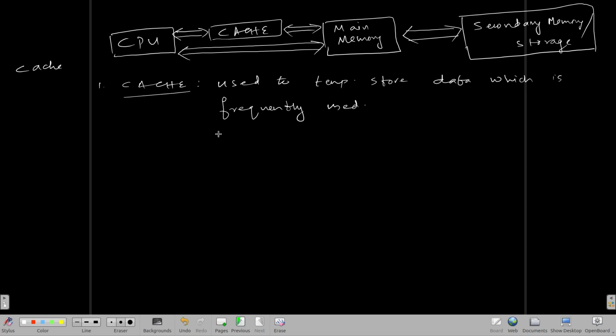So two properties of this: one, it is volatile. The other is that it is random access. And this is also a semiconductor memory. Actually cache memory and main memory are always semiconductor memories.